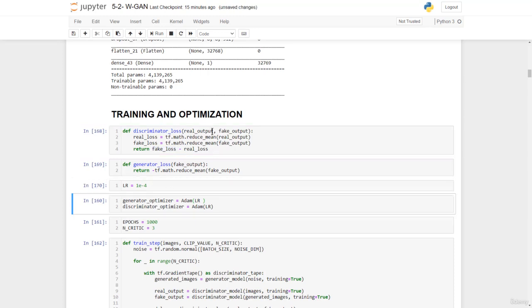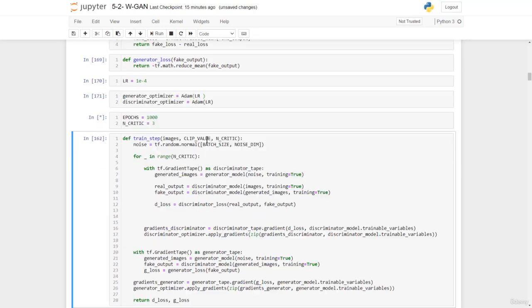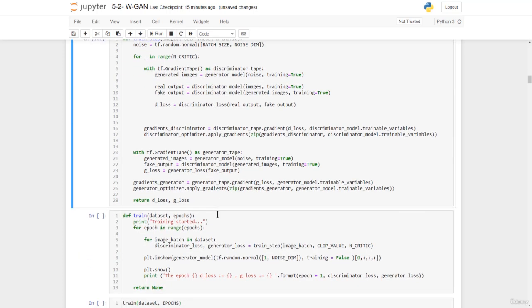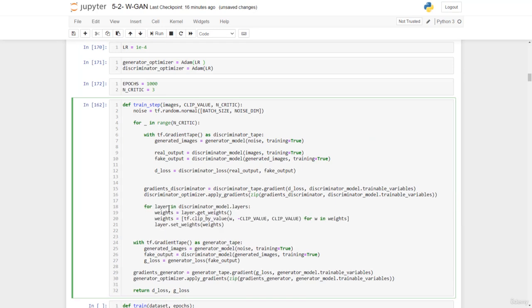So let's run this. Our learning rate is defined. We define the optimizer, number of epochs, number of critic steps, and then we'll have all this defined just like with a GAN. Also, just as it was defined in the initial paper, after doing the optimization, we now clip the weights.